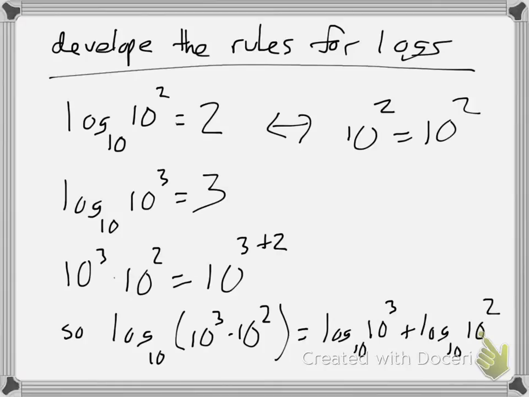And wait a minute, log base 10 of 10 to the third is actually 3, plus 2, which is 5. Interesting. What was the exponent? What would this end up being up here? That'd be 10 to the 5th. Interesting. Remember, logs are exponents.